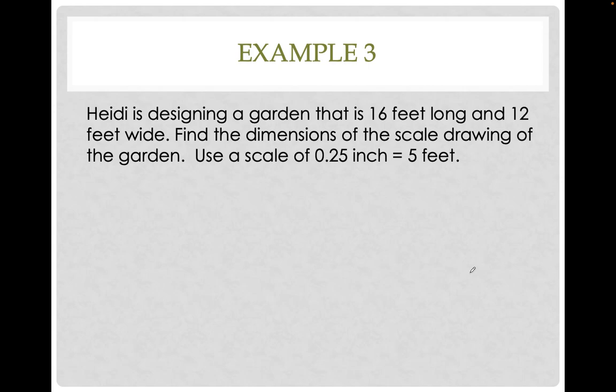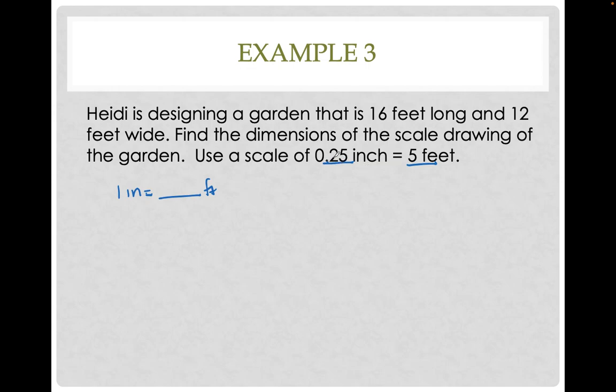Our final example says Heidi is designing a garden that is 16 feet long and 12 feet wide. Find the dimensions of the scale drawing of the garden. Use the scale of 1/4 of an inch equals 5 feet. So again, if we know that every 1/4 of an inch is 5 feet, we should be able to figure out that every 1 inch is 4 times that much.